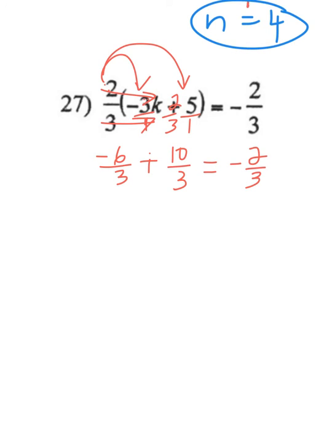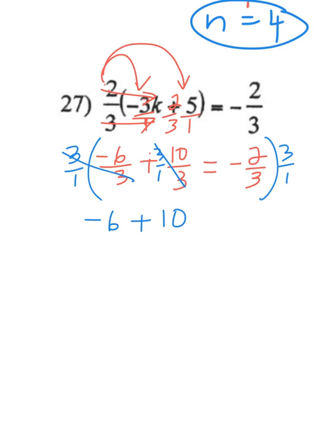And do you notice they all have the same denominator? So that means I can multiply all these by 3 over 1, or by 3. So that cancels out that 3. Negative 6 cancels out that 3. Plus 10. Oh wait, don't forget my k's right here. And that turns into negative 2.